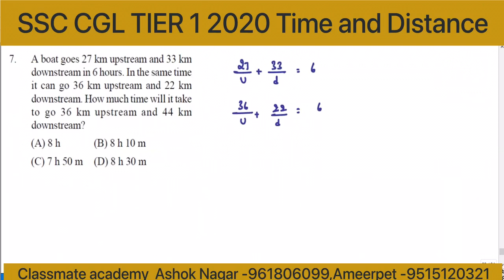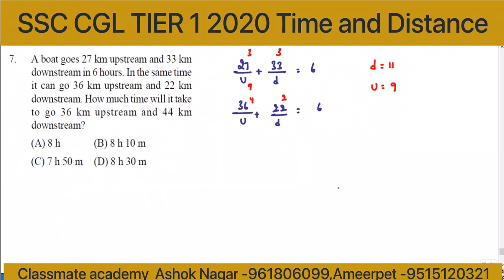What comes to your mind immediately when you look at 33 and 22? By using the trial and error method, substitute D equals 11. So if it is 11, it is 3, then U is 9. Is it not 4 and 2? So what is U? 9. Is that clear, all of you?